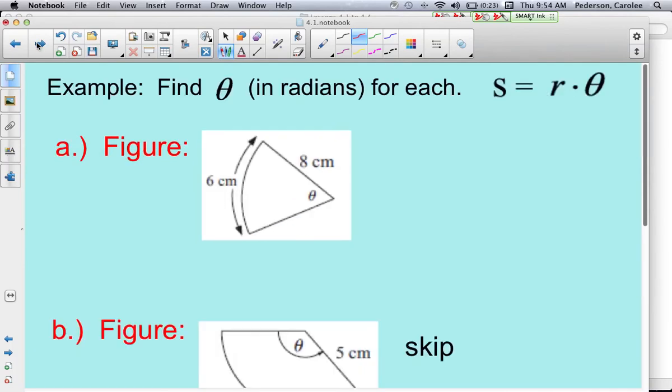Let's go to this one. Find the angle now given this figure. So we want to find the central angle. And this is the sector that we're working with. What are the two things they give us now? What are the two pieces?